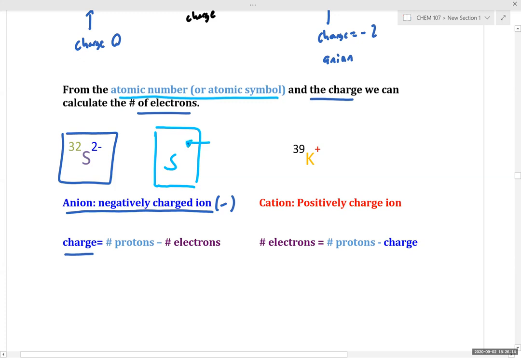How many protons does sulfur have to its name? 16, yep. Okay, perfect. So we know that our number of protons is equal to 16.